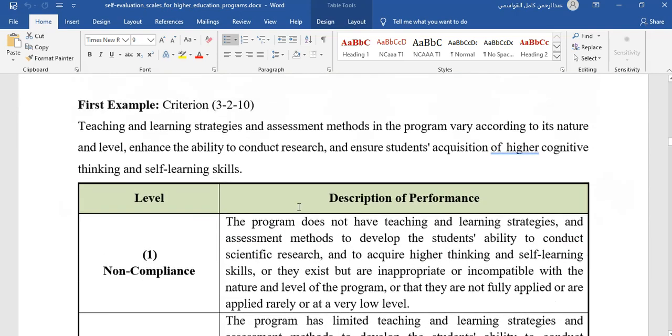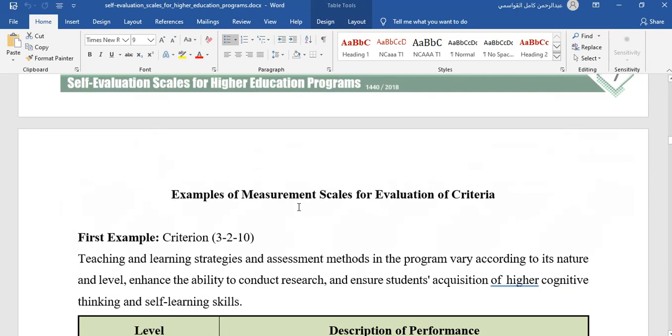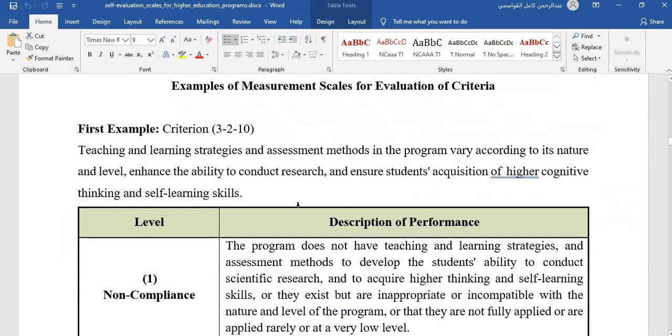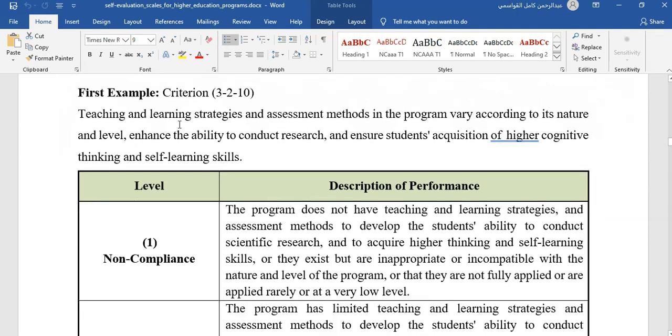This is an example of how to fill the self-evaluation scale. The example for the standard or criteria is the same here: 3 to 10, which means teaching and learning strategy and assessment methods in the program vary according to its nature and level, enhance the ability to conduct research, and ensure students' acquisition of higher cognitive thinking and self-learning skills.